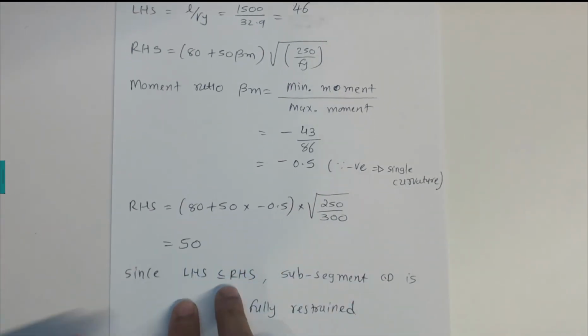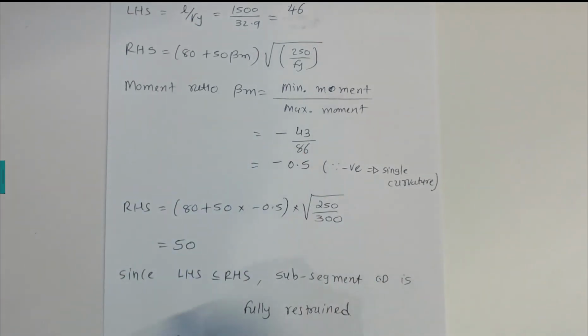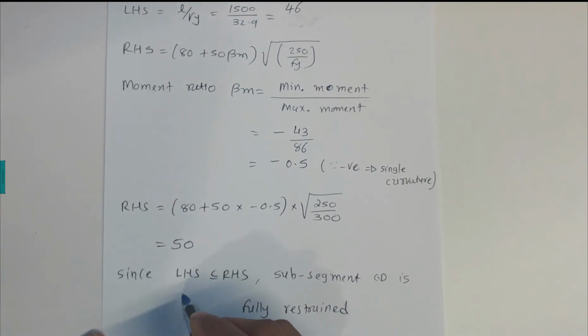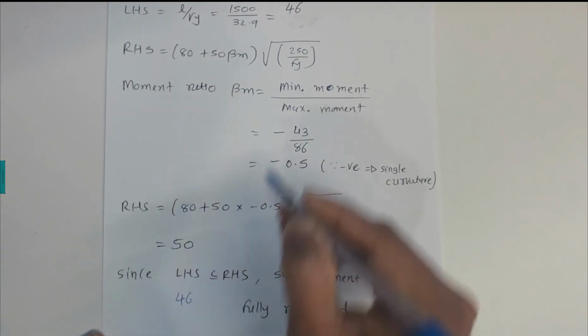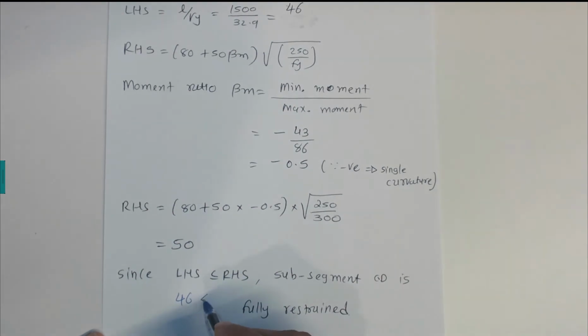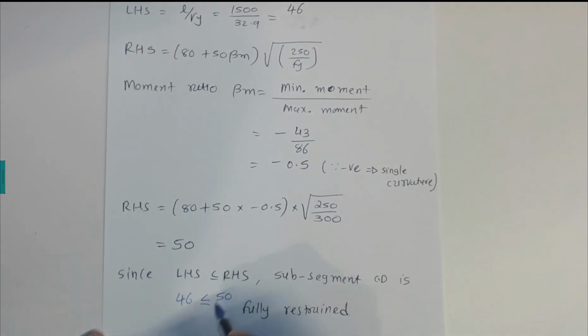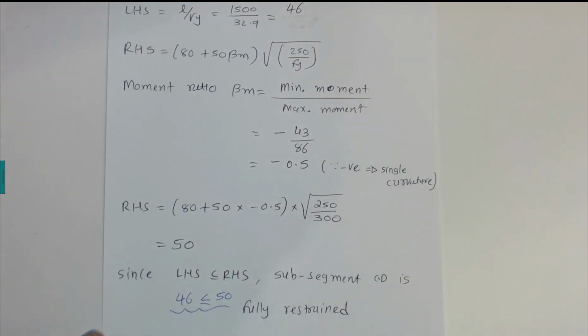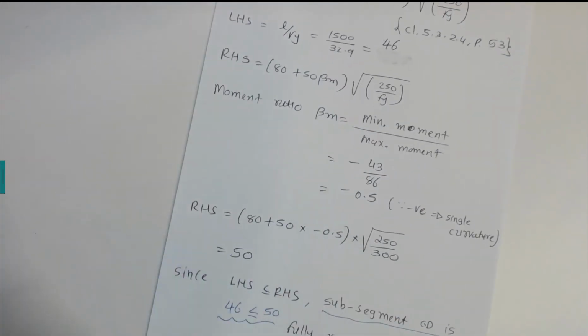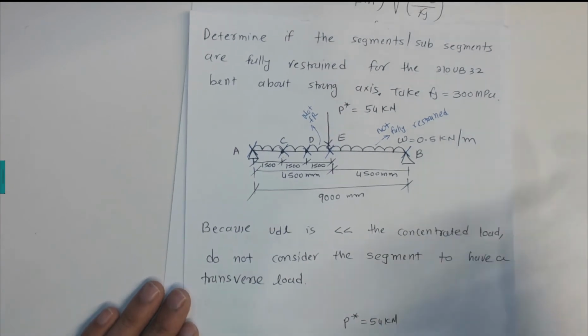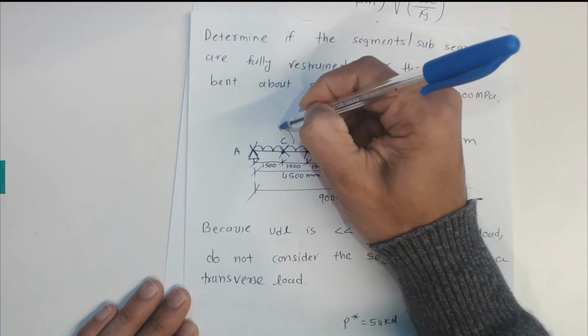Now please look at this carefully. Here we have 46 on the left, taken from here, and the right hand side is 50. So that makes this relationship correct. So subsegment CD is fully restrained.